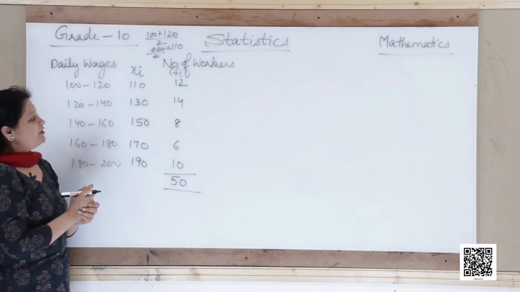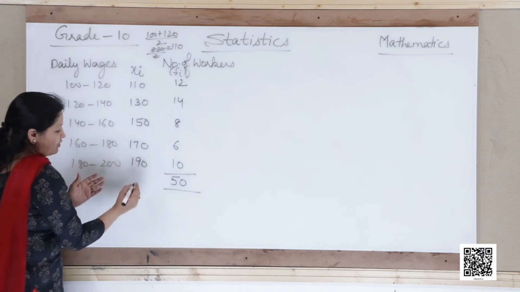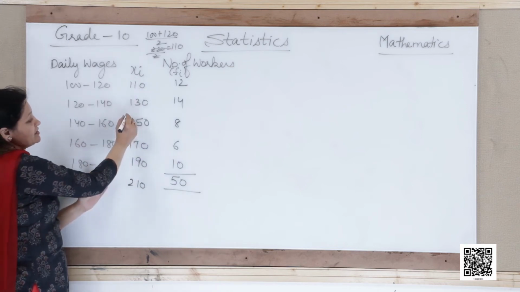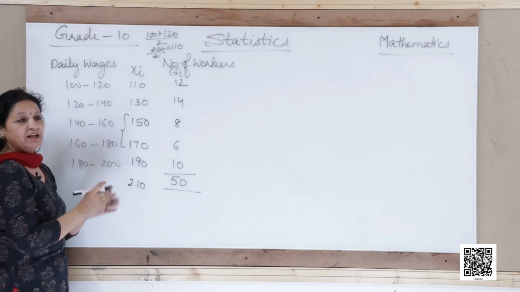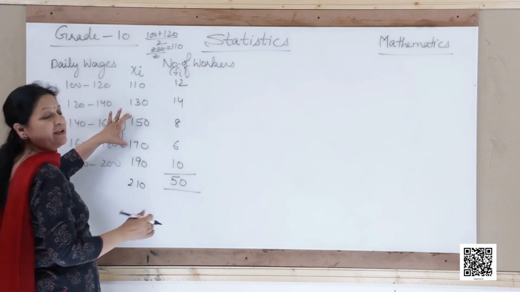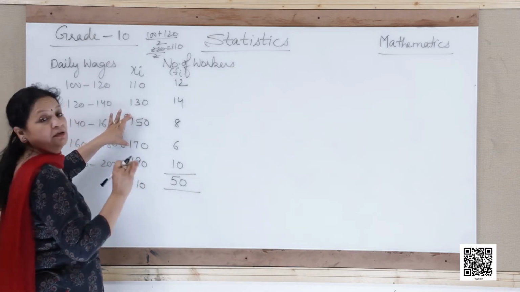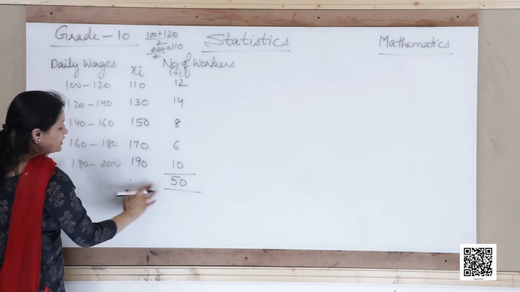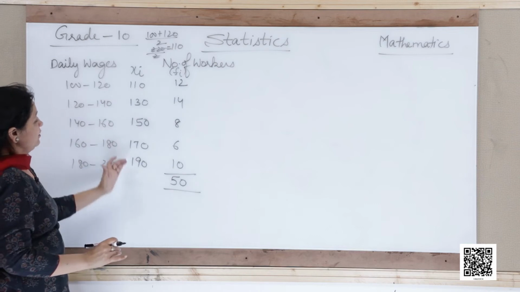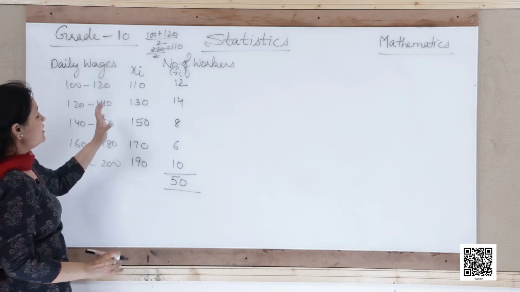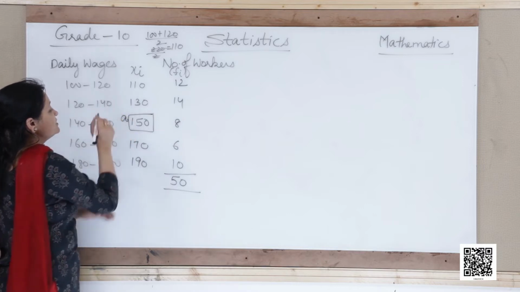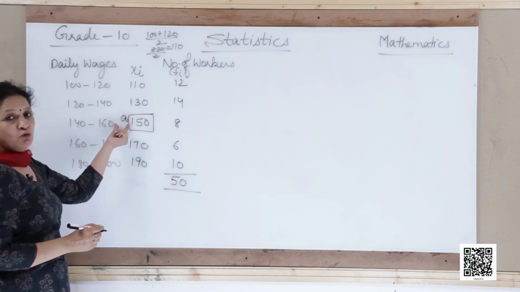But if there are even terms, then in the center 2 values will be there. In that case, we can take any one as the assumed mean. So in this case, only 5 numbers are there, so the middle term is 150. We can assume this as the mean, or assumed mean.